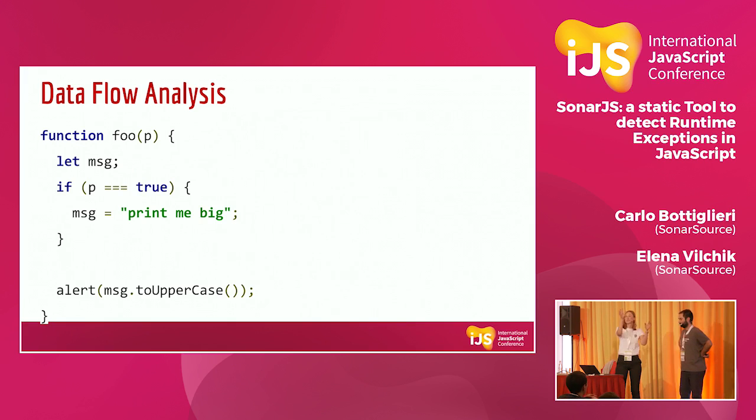You have this path of execution in your program. And on top of that, you put a layer of data. So you're trying to keep track of all the information you can infer from the execution, and, based on this information, detect some bad patterns.